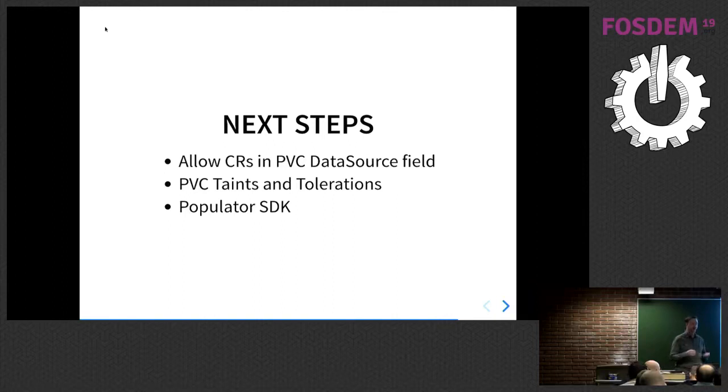We need to do the PVC taints and tolerations, which is already under discussion in the community and in progress. And then the last thing we want to do is create a repository with an example populator and example CRs, maybe like this Git repo one and some others, to begin collaborating with people so that we can get a library of these going.